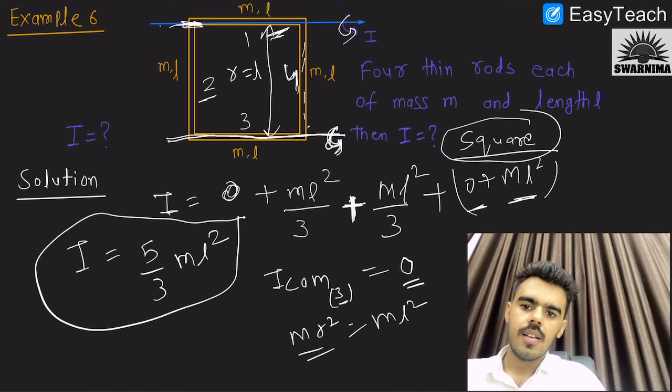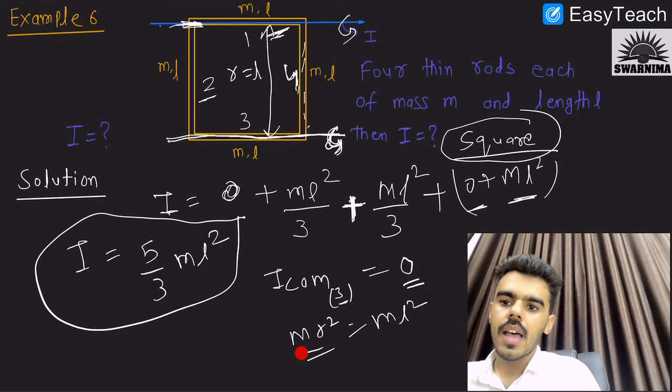Here L will be the distance between the center of mass axis and the axis about which the moment of inertia is asked. So I center of mass is 0 for rod number 3, because the center of mass axis is parallel to the rod, so it becomes 0 plus mr square.